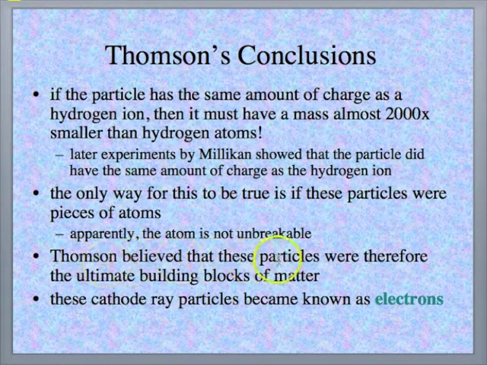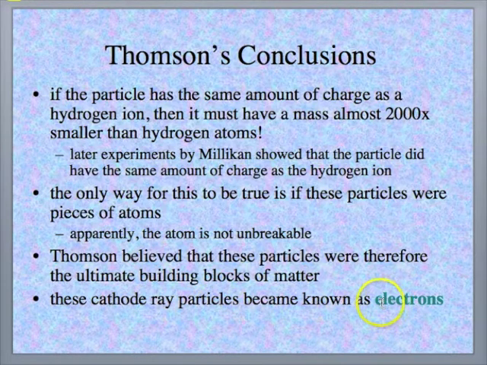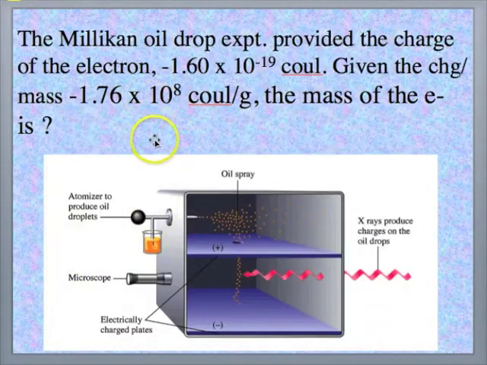Thomson believed that these particles were therefore the ultimate building blocks of matter, and he called these cathode ray particles electrons.